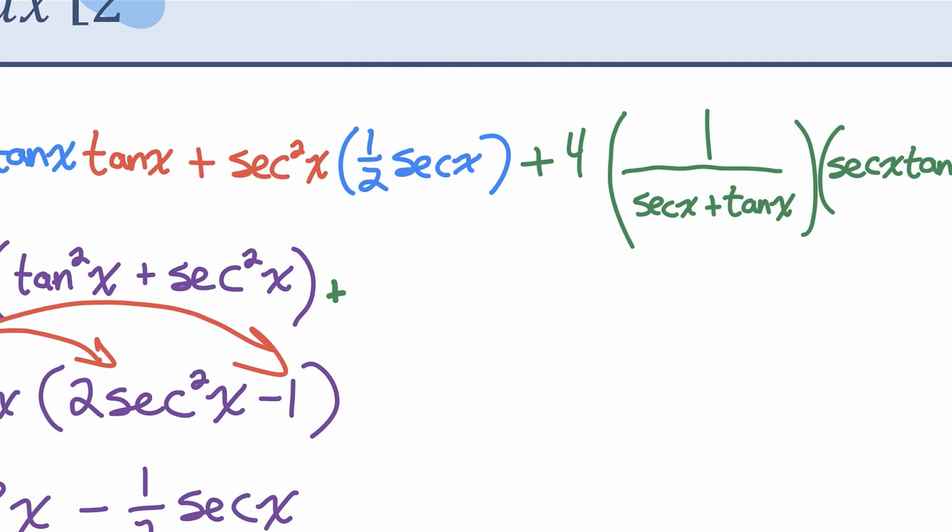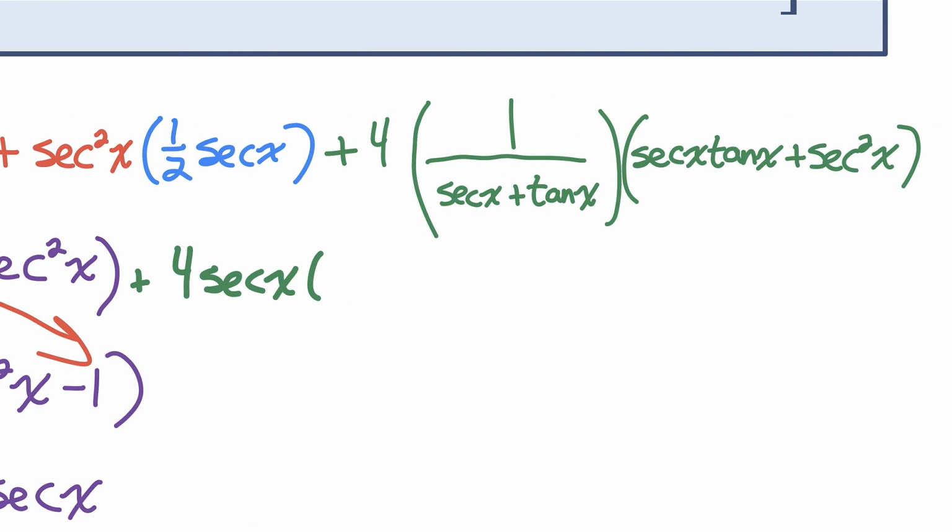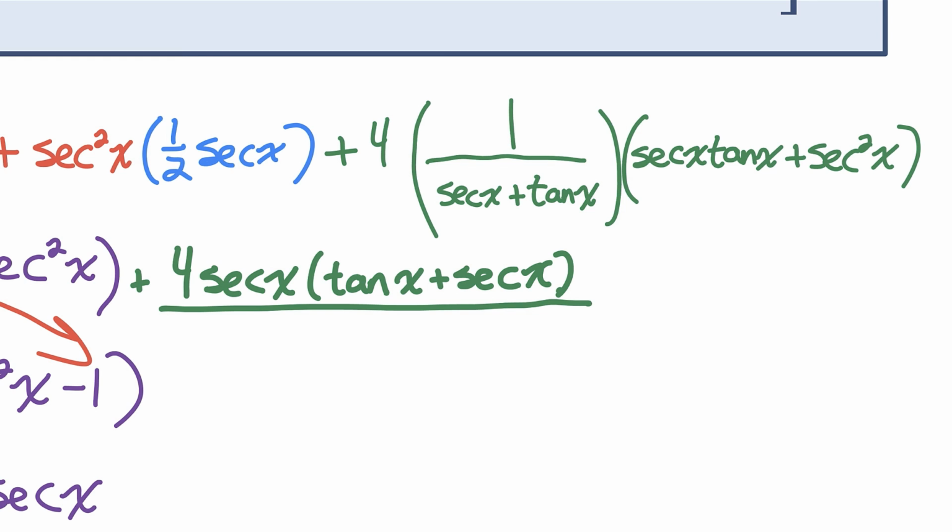So I'll get plus 4 secant x, and when I divide both of those terms by secant x, I get tan x plus secant x. And don't forget, that's all being divided by secant x plus tan x.